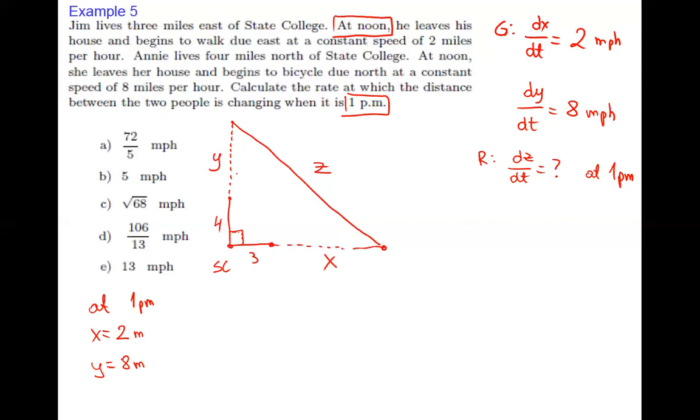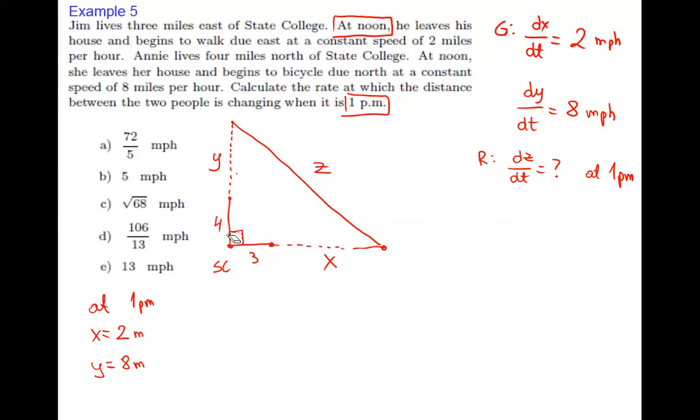Since I don't see any angle involved, I will not use the trigonometric ratio. Having all of the sides involved, I will use the Pythagorean identity.